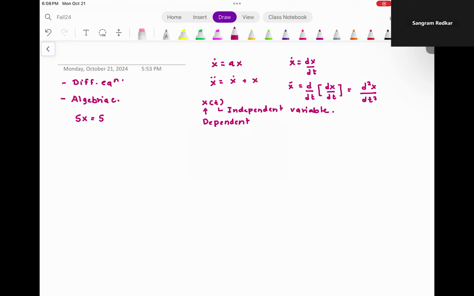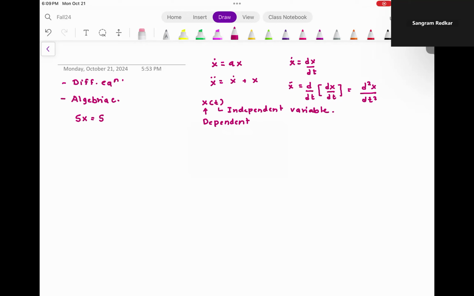Now let's look at the differential equation that we have on the right-hand side. For the differential equation, you are trying to look for a function, and that function should be dependent on time, so that when you substitute that function, left-hand side is equal to right-hand side. Everyone understood this? So differential equation solution means we are trying to identify a function that will satisfy that equation.